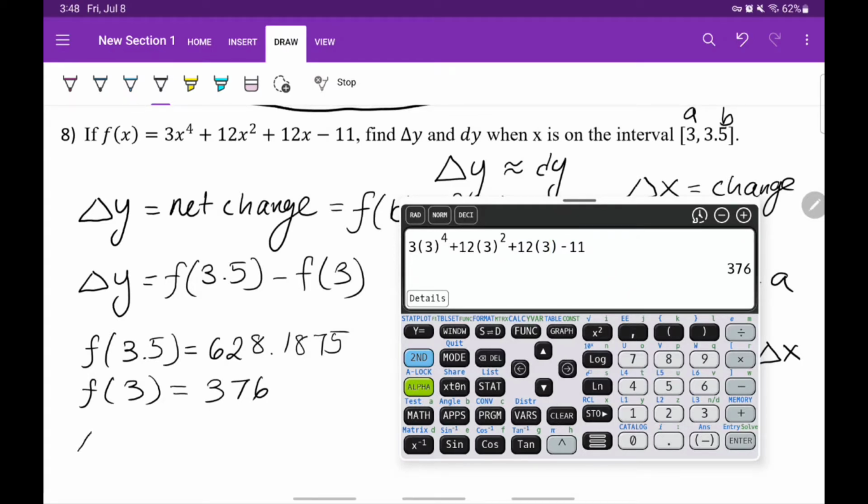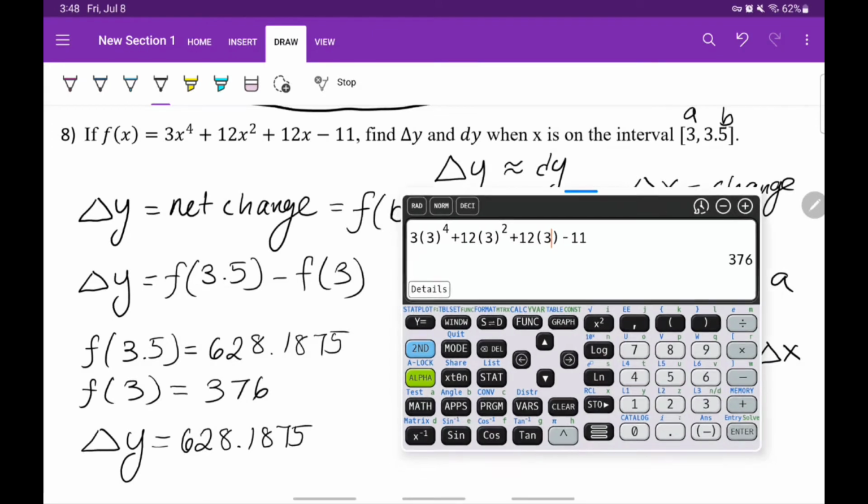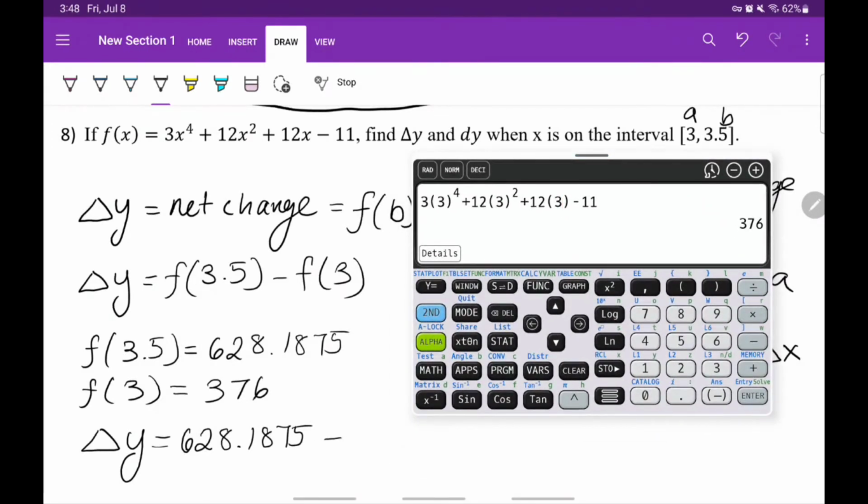So to find delta y, there's going to be f of 3.5, which is 628.1875, minus f of a, or f of 3, which is 376.